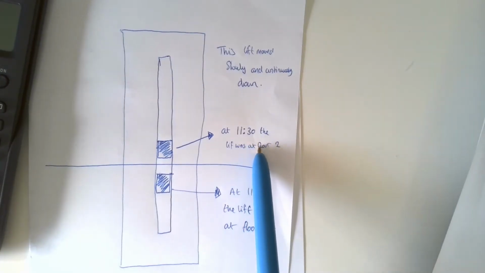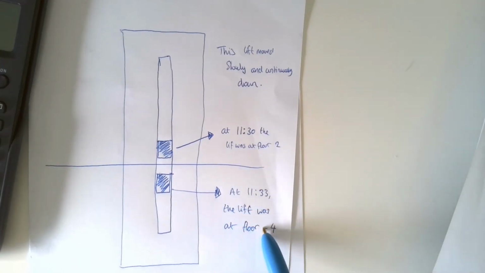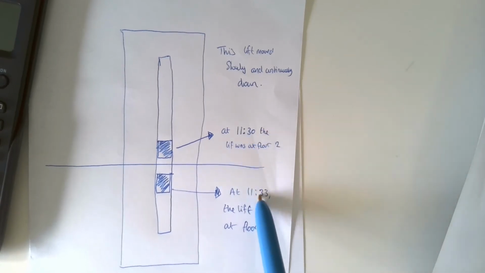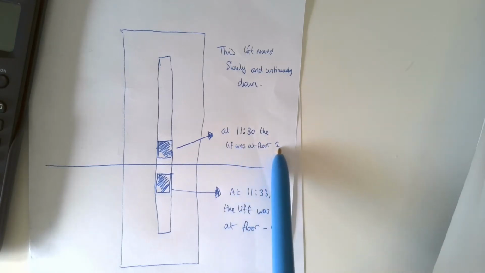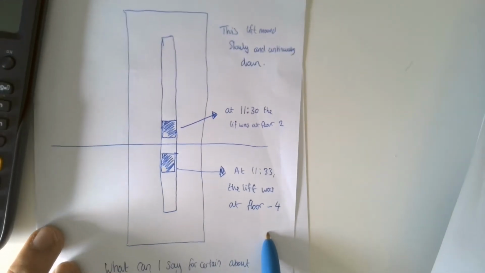At 11:30 the lift was at floor 2 and at 11:33 the lift was at floor -4. So there's been a 3-minute difference between these two things happening, and the only thing we know is that it was at floor +2 at 11:30 and floor -4 at 11:33.